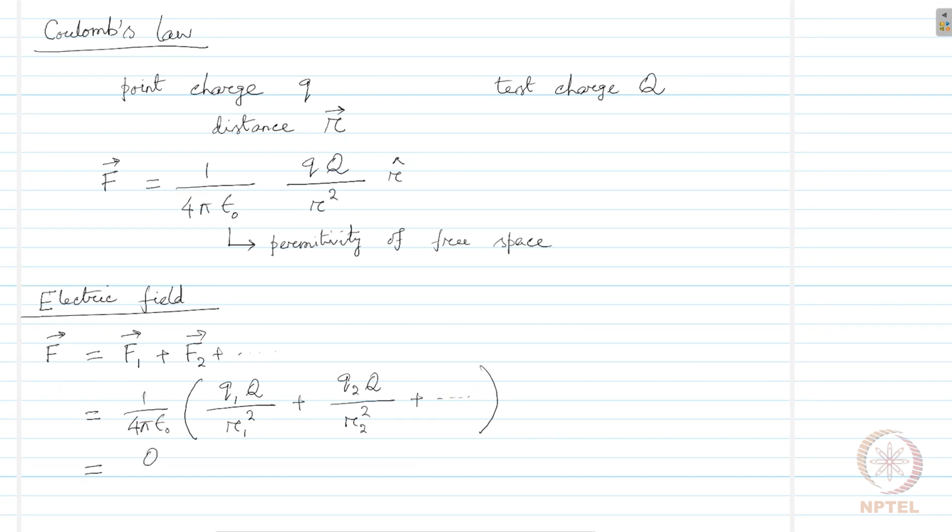Taking the capital Q out, we can write it as capital Q over 4 pi epsilon naught, Q1 over R1 squared plus Q2 over R2 squared plus so on. Or we can write this as capital Q times the electric field E.